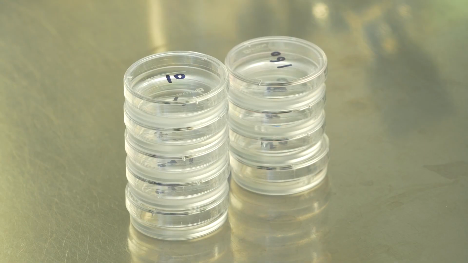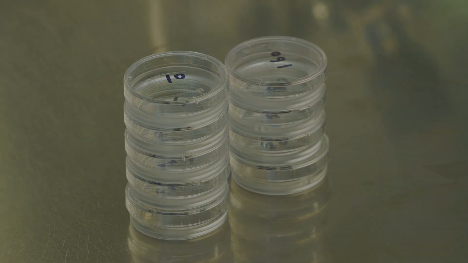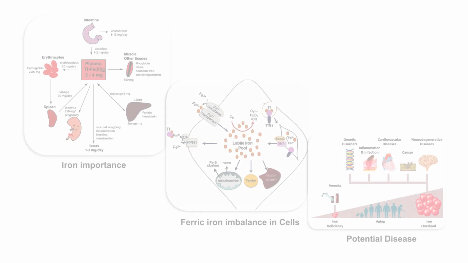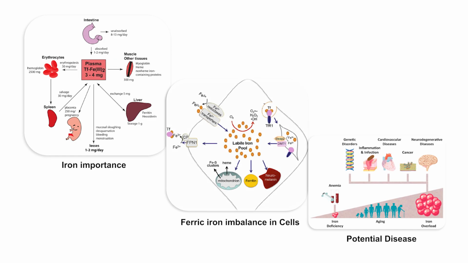Why is ferric ion sensing important for us? As we all know, iron is a trace metal essential to ensure the survival of almost all organisms. But it can be dangerous. Under some specific conditions, we might have an imbalance of ferric ions in the cells.